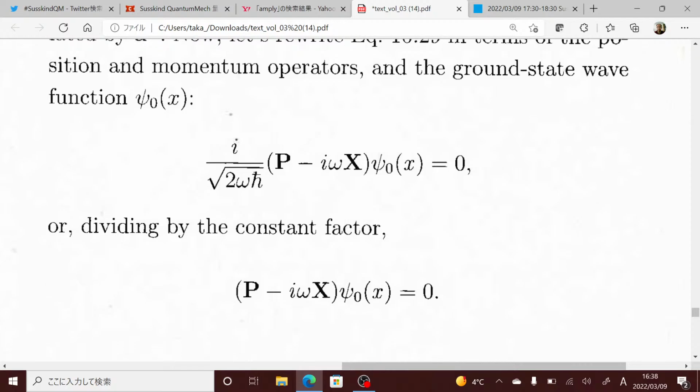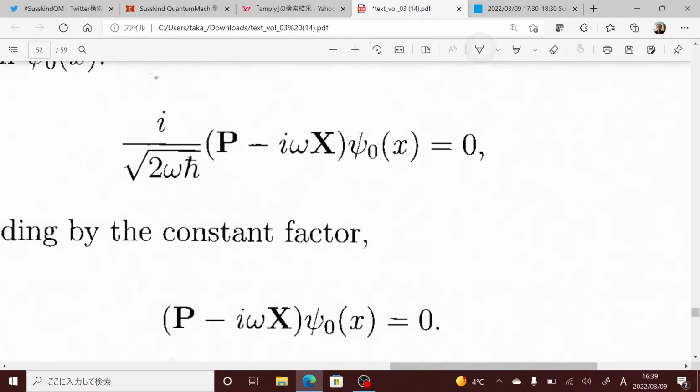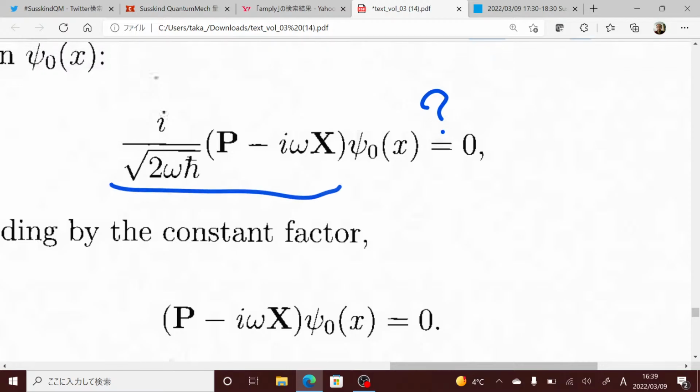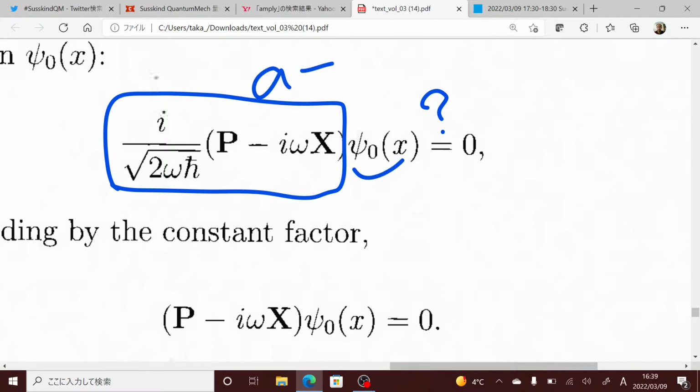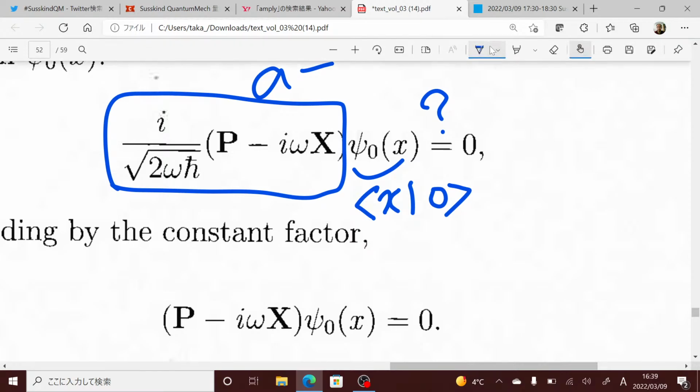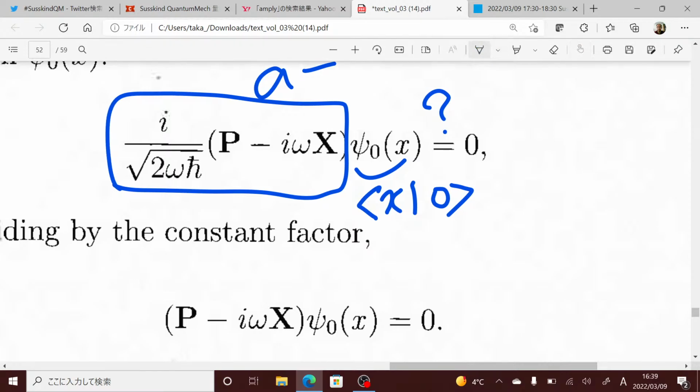So, I think this is a question mark. Because this is A minus, and to be correct, this is like the zero energy state projected on the position basis.